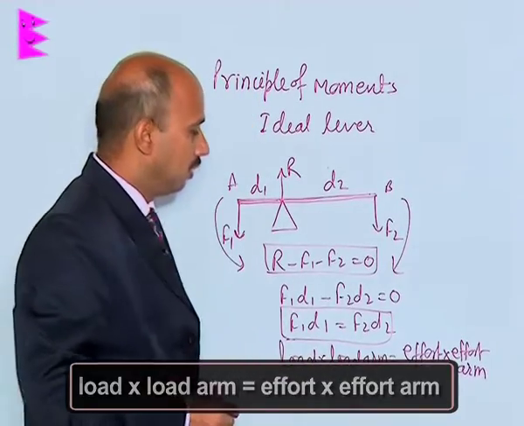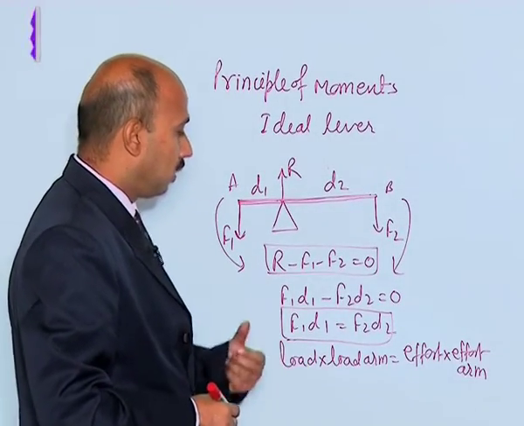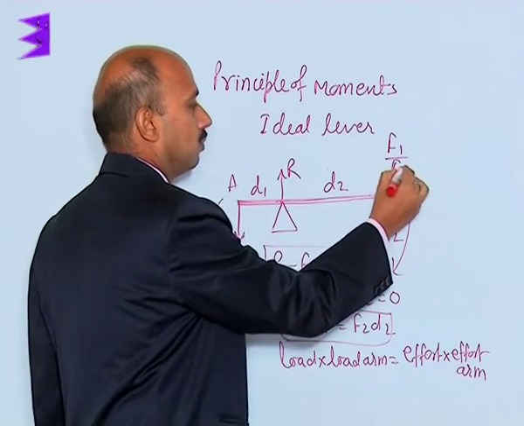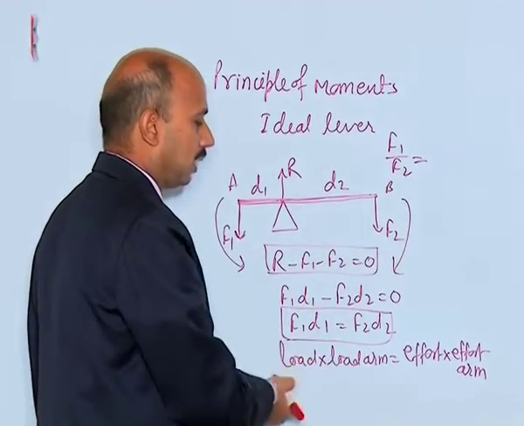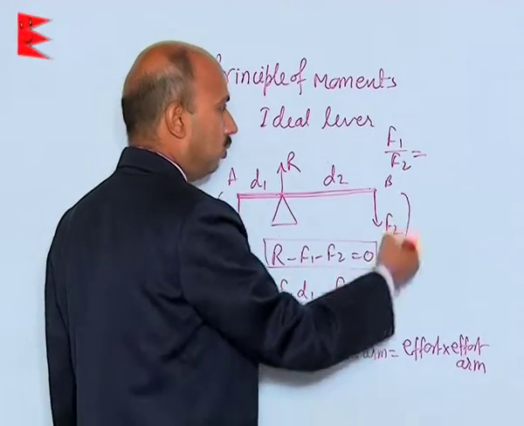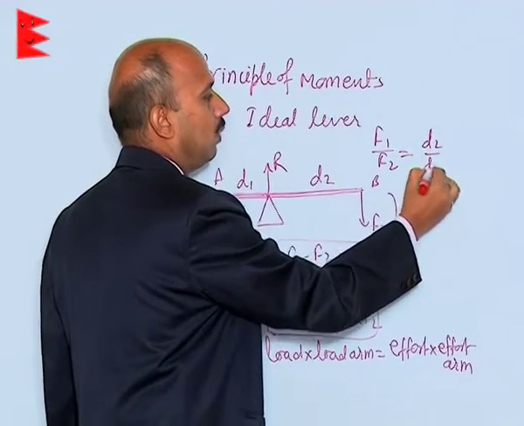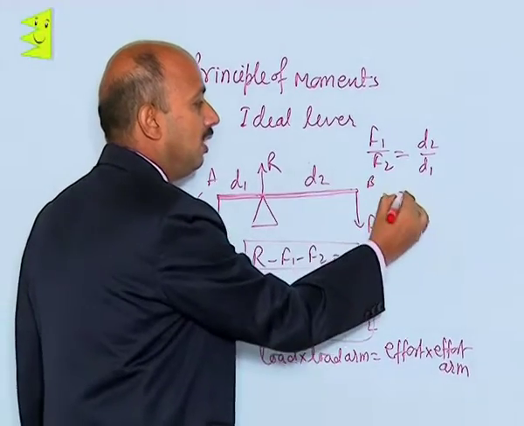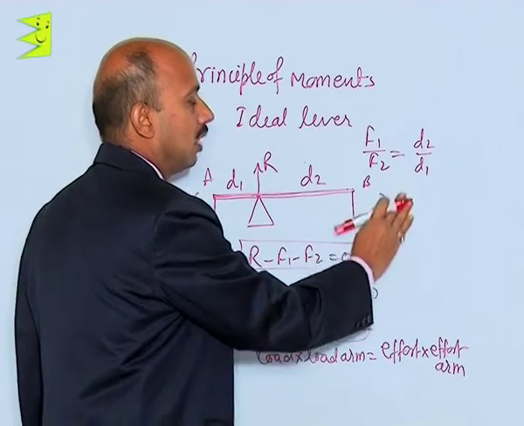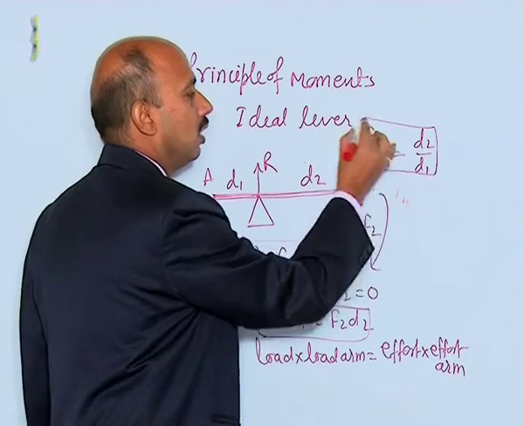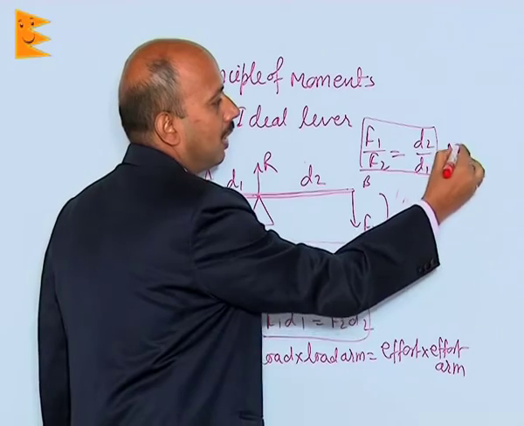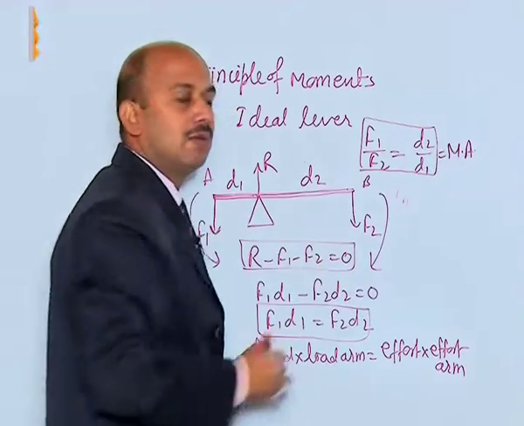Now we can also write F1 upon F2 is equal to D2 upon D1. In this case F1 upon F2 is load upon effort, which is known as mechanical advantage, MA.